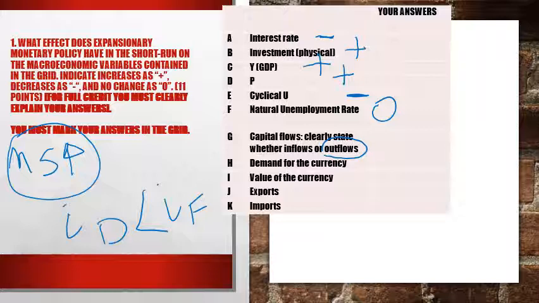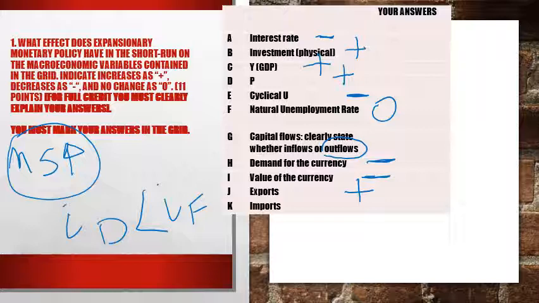Demand for our currency, that's going to decrease. Value of our currency, that's going to decrease. Exports, well, that's good for our exports, isn't it? If the demand for our currency falls, if the value of our currency falls, so exports increase, and our imports, a lower value for our currency, a lower exchange rate.